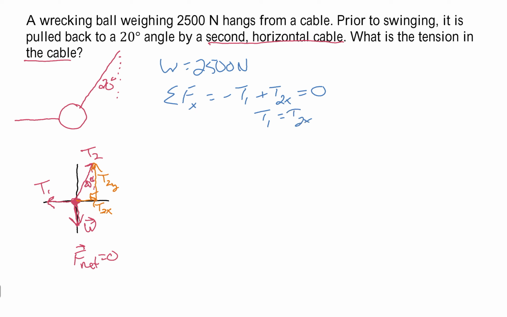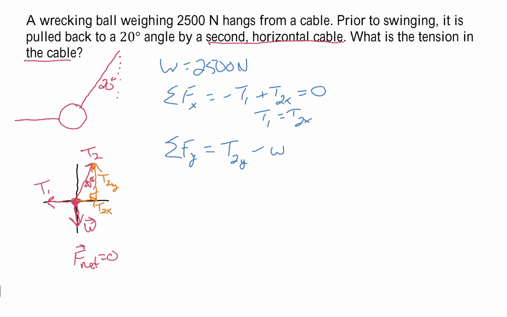Now, we have the sum of the forces in the y direction. So what forces are acting in the y direction? Well, we have T2y up, so that's going to be a positive T2y. Okay, now we have the weight acting directly down. So that's going to be a minus the weight, and that's it, right?